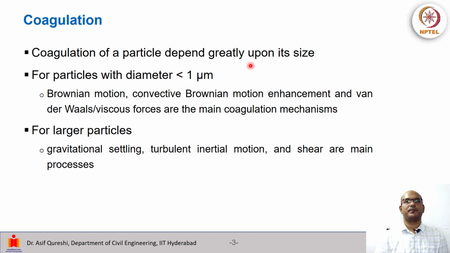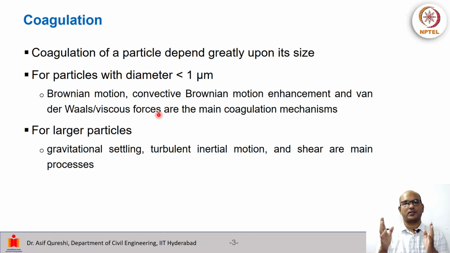Coagulation will generally depend on the size of the originating initial particles. When we have smaller particles, less than 1 micrometer, Brownian motion, convective Brownian motion enhancement, and van der Waals and viscous forces will be the main coagulation mechanisms.